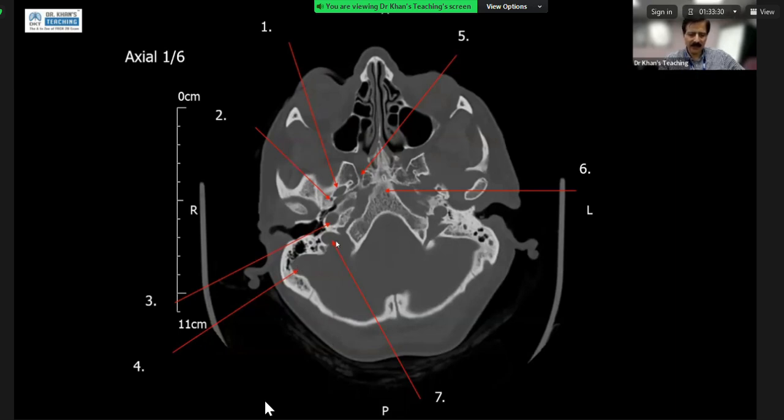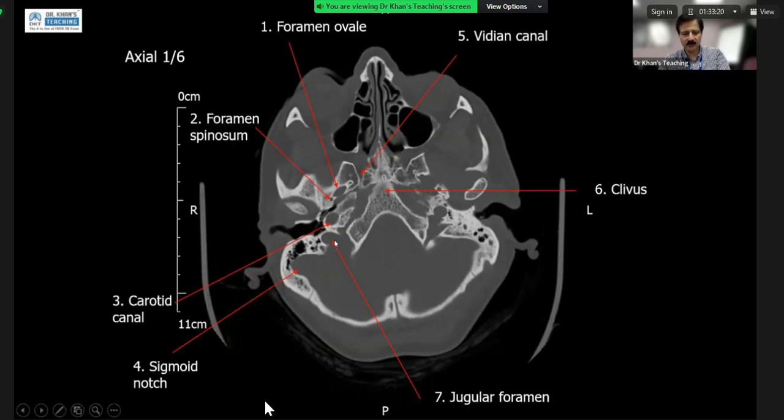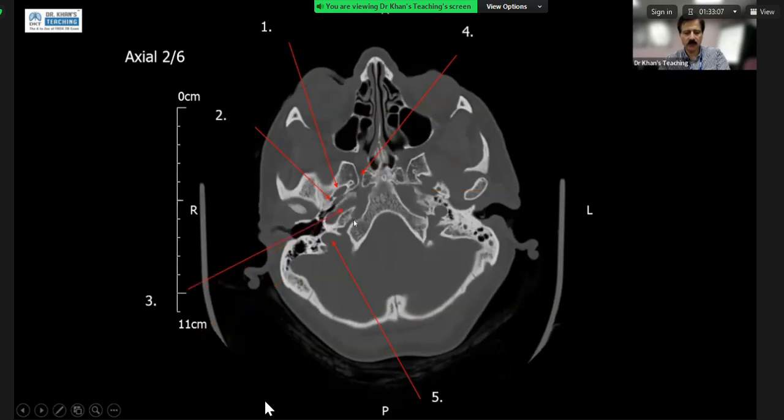Okay, and number 5, jugular. So these are the correct answers. This was the jugular, this was the carotid, and this was the sigmoid notch, where the sigmoid sinus is, Vidian, foramen ovale, and spinosum.